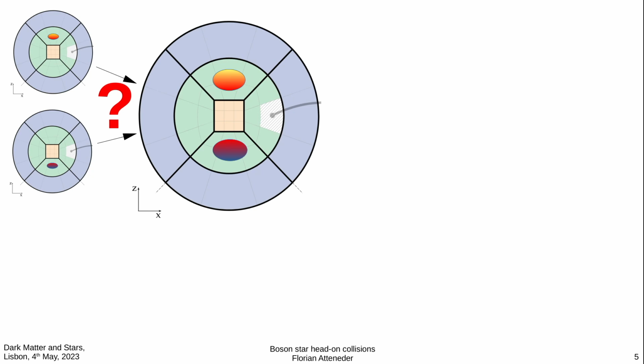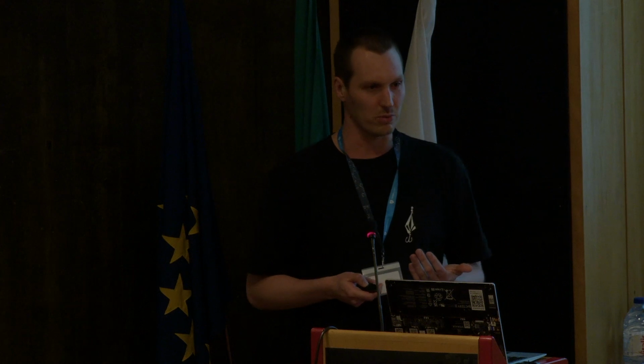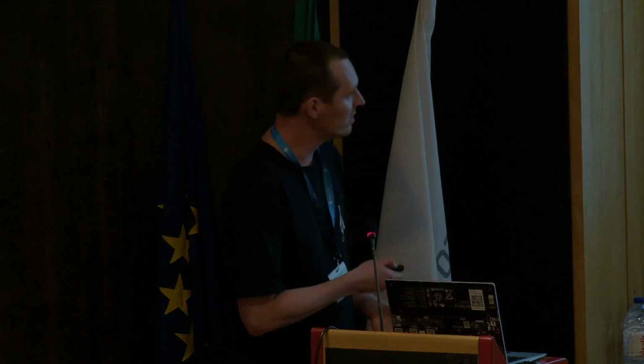There's a big question mark here because there is no straightforward way and no clear way to combine isolated star models. But the Einstein field equations give us at least some guidelines on how we can do that, actually on how we should do that if we really want to study gravity, general relativity, and not some other theory. And these are these equations, and I thank Tim very much for emphasizing this before.